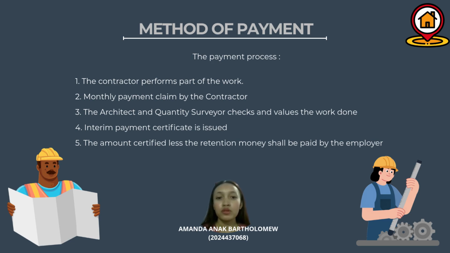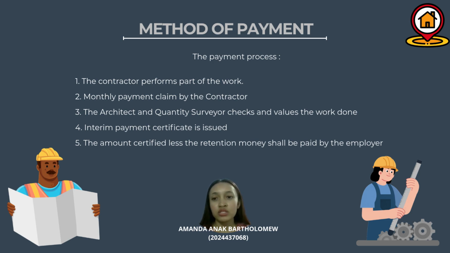Payment will not be made in one single payment, although the contract is a lump sum contract. Instead, during the construction period, progress payments are made to the contractor. So this is how the payment will be processed.